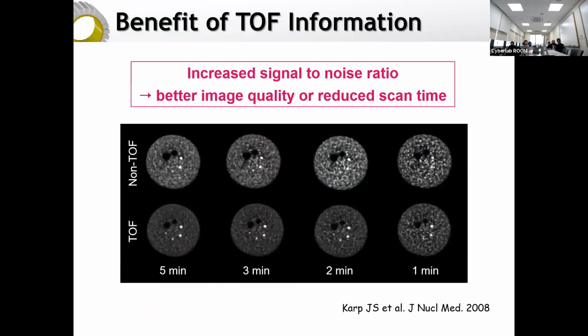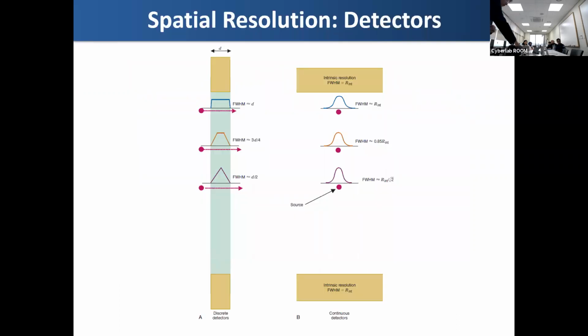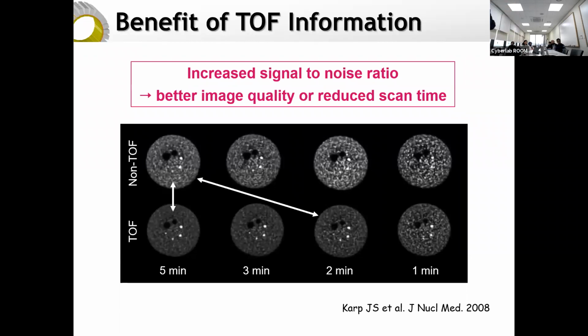So this is some comparison, time of flight PET and non time of flight PET. If you compare these two images acquired during the same scan time, with the time of flight information and without time of flight information, you can appreciate this image has less noise. The noise level is almost equivalent in the 2-minute time of flight data and the 5-minute non time of flight data.